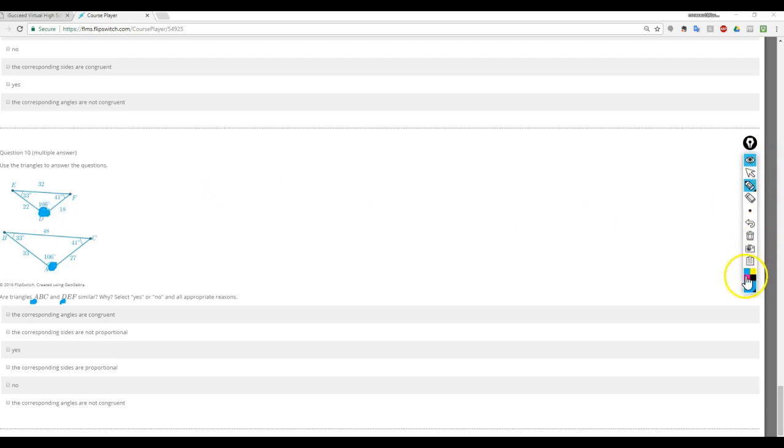The next corresponding is listed as B. That is our second one. And in the second triangle, E is what's listed. So B and E are corresponding, and they need to be the same. So B is 33 degrees and E is 33 degrees. They are congruent. Our last corresponding is the third listed.